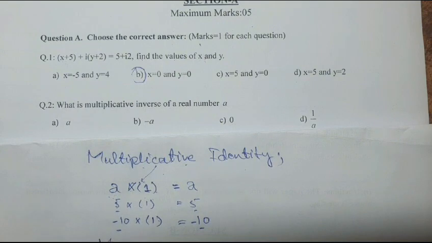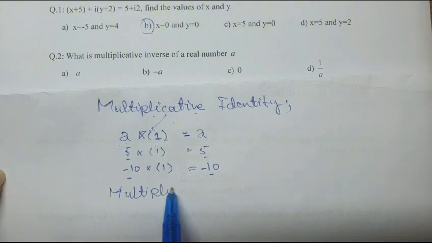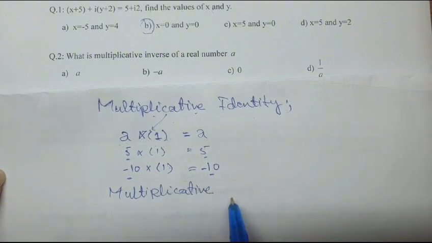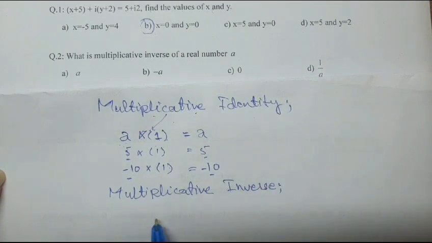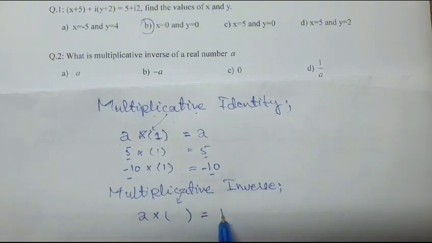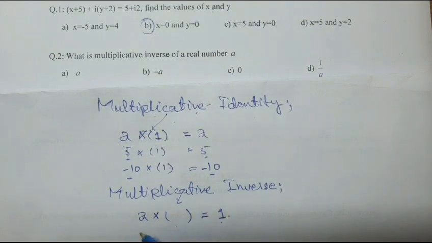Now we will try to understand what a multiplicative inverse is. So a multiplicative inverse is such a number that if we multiply that number by any other number, we'll get back the multiplicative identity.